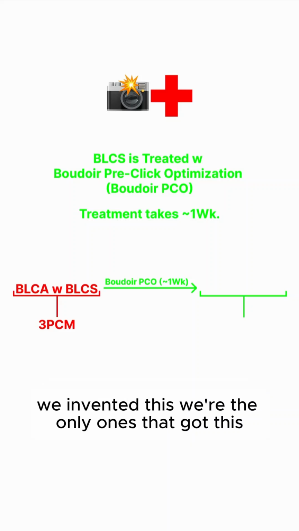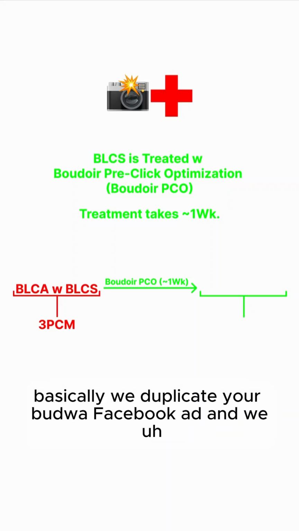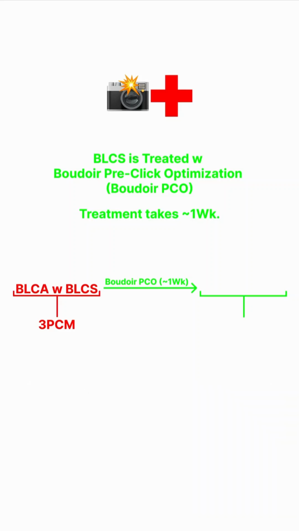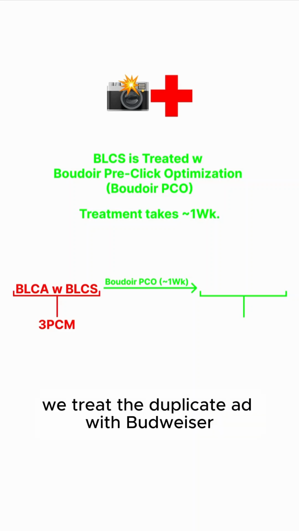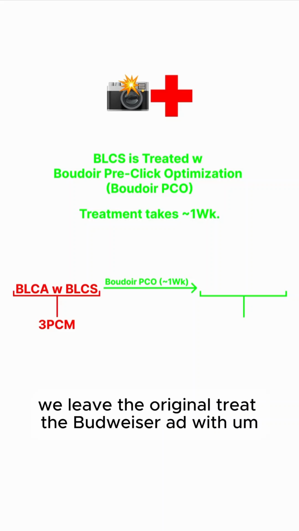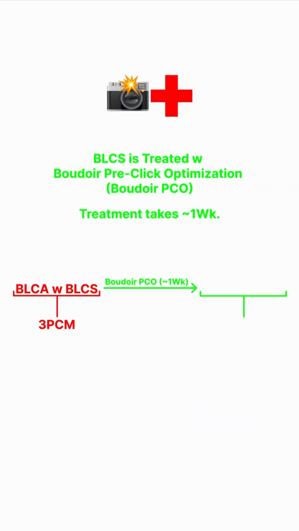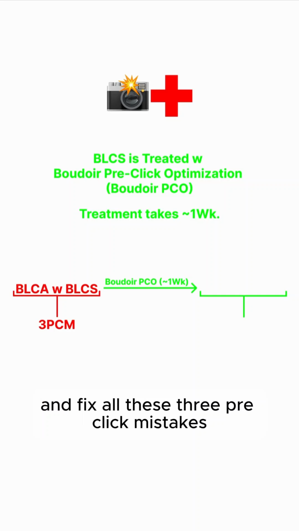We invented this. We're the only ones that got this. Basically, we duplicate your Boudoir Facebook ad, and we treat the duplicate ad with Boudoir Pico. We leave the original. We fix all these 3 pre-click mistakes.